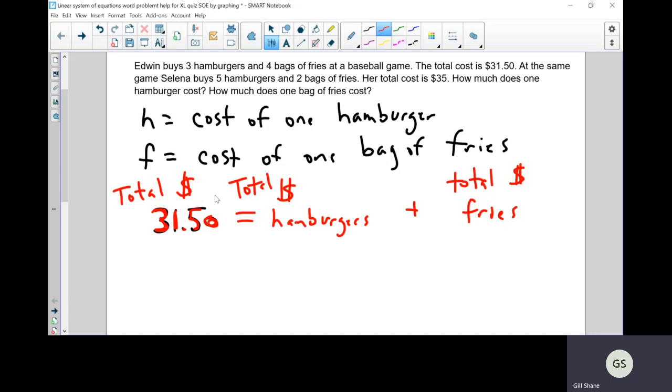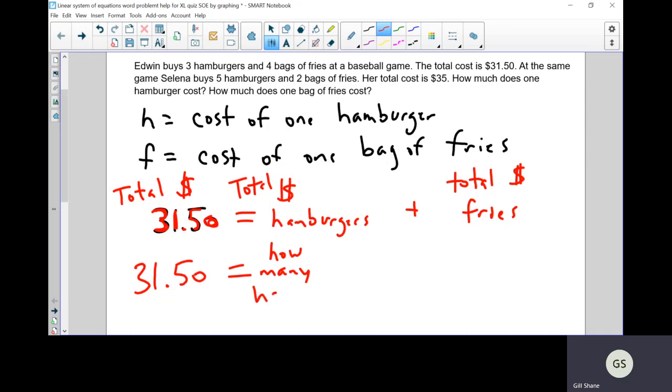All right, well, what is the total cost of my hamburgers? Well, that's not too difficult. That's just how many hamburgers. So it's how many hamburgers, I'm not really going to do anything on the left, but I'm going to keep it over there.